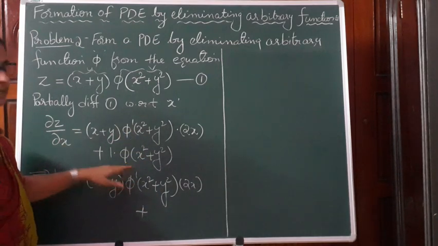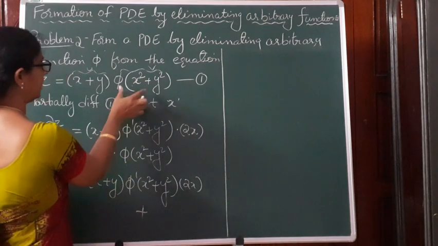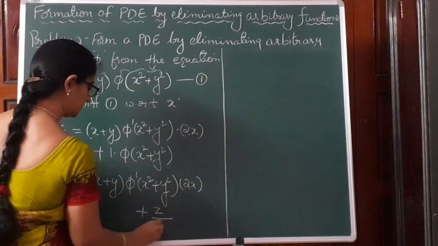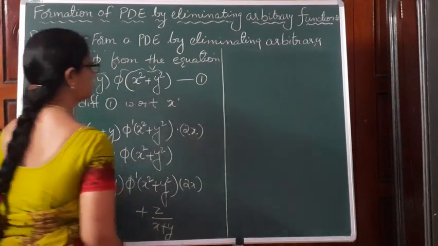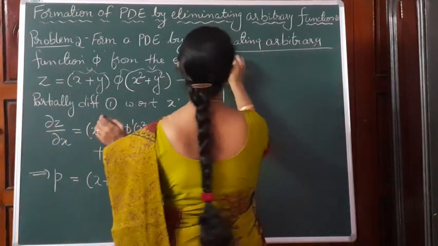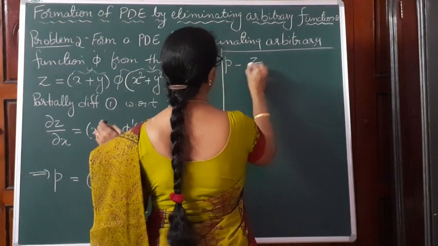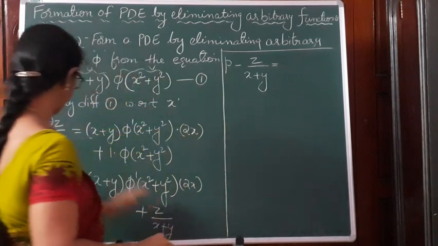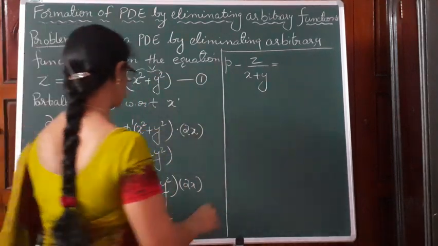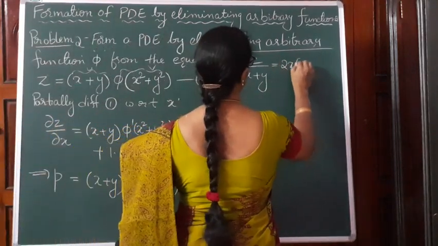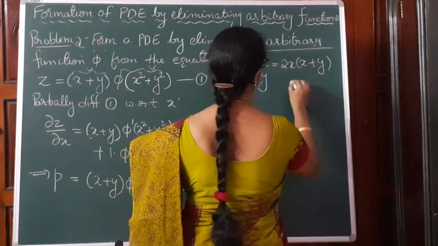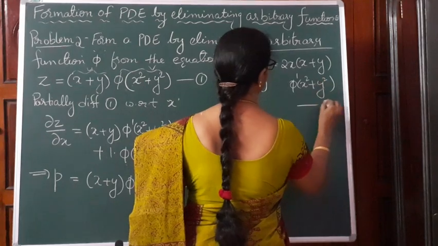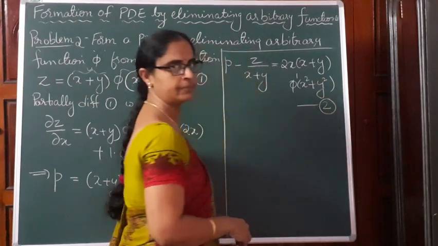So we write p minus z by x plus y is equal to 2x into x plus y into phi dash of x square plus y square. Call this equation number 2.